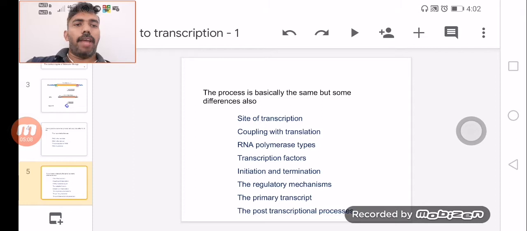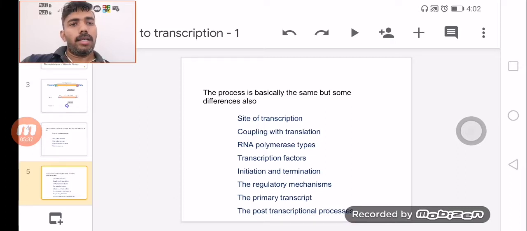The transcription factors involved are different. In bacteria, normally there is a transcription factor called the sigma factor, whereas in the eukaryotic system we have multiple transcription factors, and each set of these is associated with specific polymerase enzymes, and they are collectively called general transcription factors.